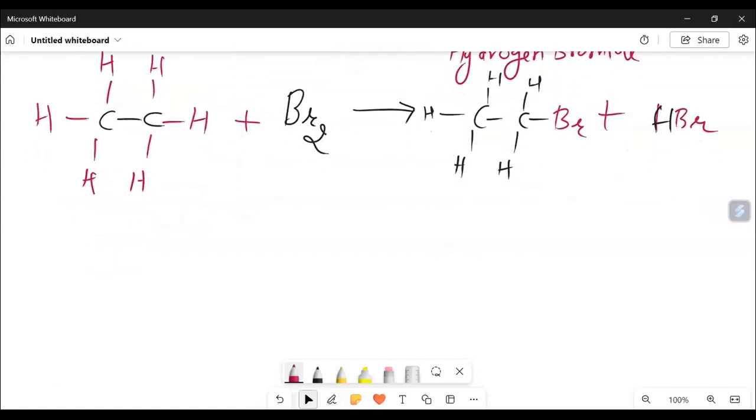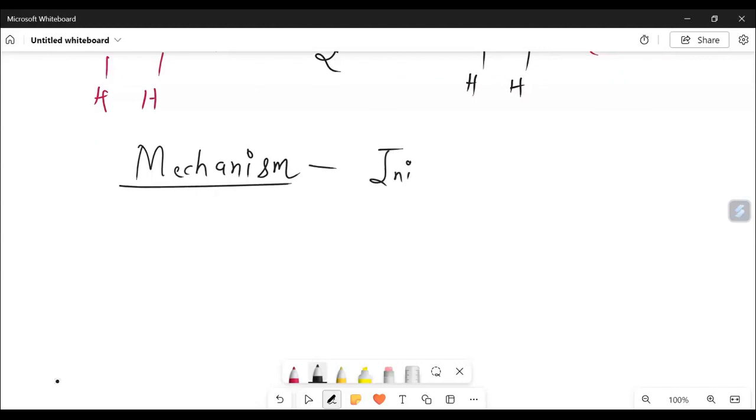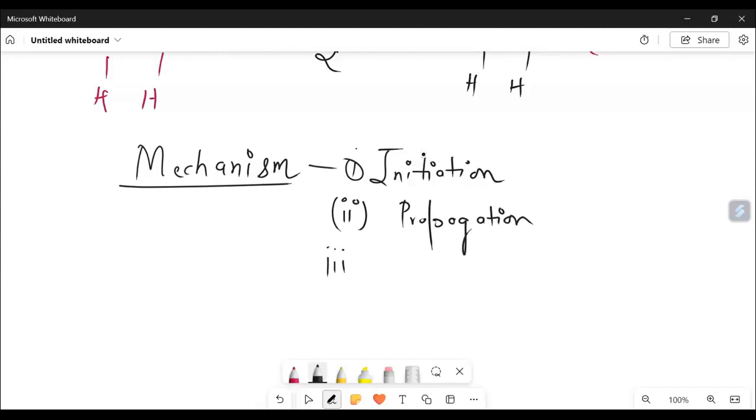Now, this mechanism consists of 3 parts. Let's discuss this. The first one is initiation, the second one is propagation, and the third one is termination.